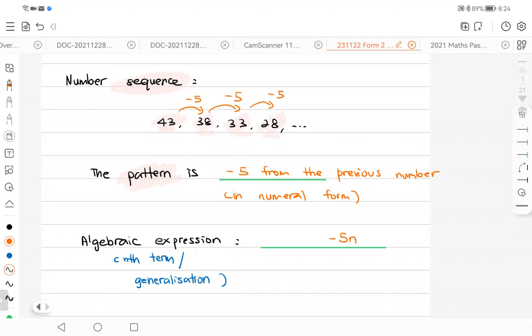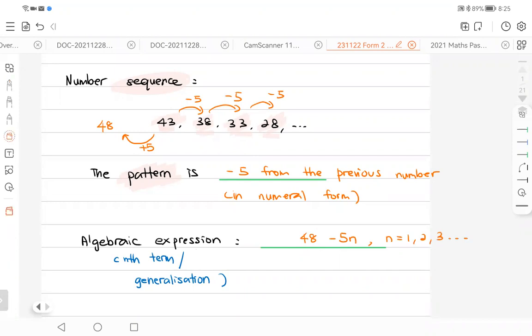To find back the first number, you go back. Since going to the right side is -5, going to the front will be +5. So 43 plus 5 is 48. So the algebraic expression is 48 minus 5n. And you have to explain the n: n starts from 1, 2, and 3. That is one of the ways we can write the answer.